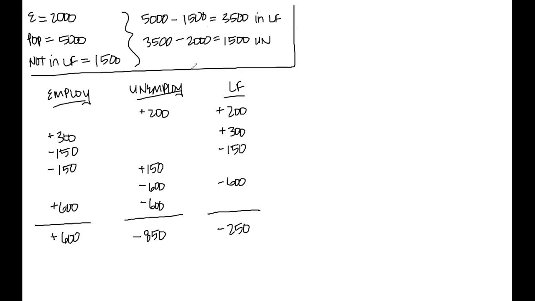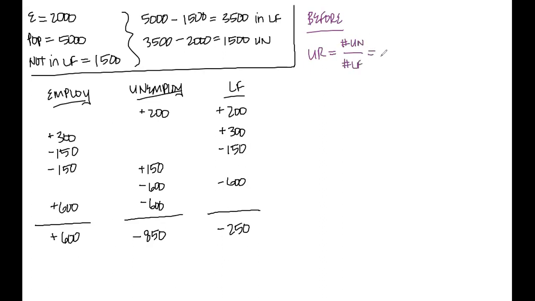So now that we have the information from before the flows and after the flows, we can look at these percentages they wanted us to calculate. So beforehand, the unemployment rate, we already know that's the number of unemployed over the number in the labor force.